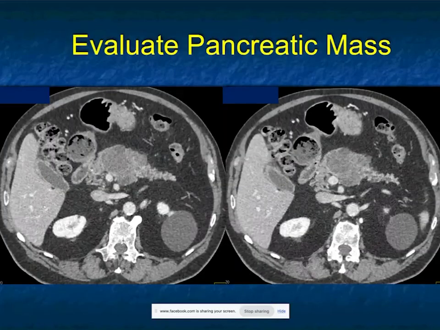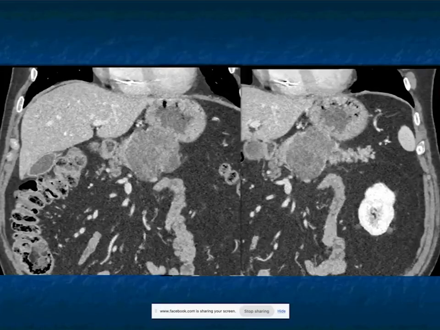Another patient, mass in the pancreas body, cystic, dilated pancreatic duct with glandular atrophy, but it's cystic, so you got to say, well, MCN, that can cause duct obstruction, but it's almost like too many septations, particularly when you look closer at the lesion on the coronal view.